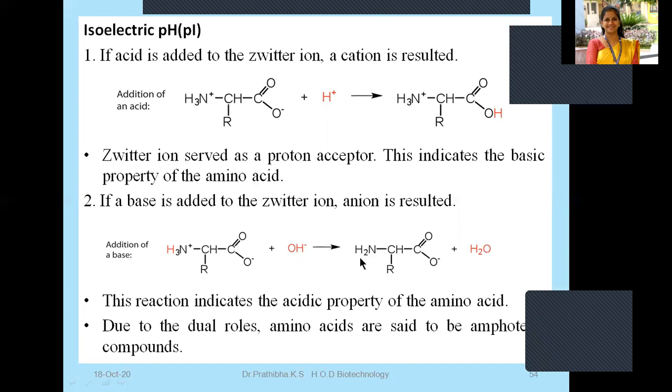And it becomes NH2 here. This NH3 plus H molecule reacted with this particular hydroxyl group and was released as a water molecule. This reaction indicates the acidic property of the amino acid. Due to the dual roles, amino acids are said to be amphoteric compounds.